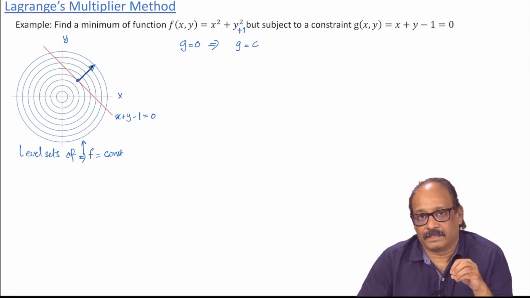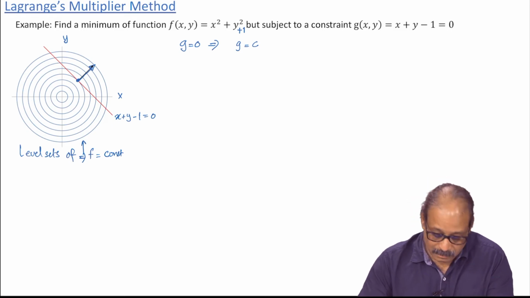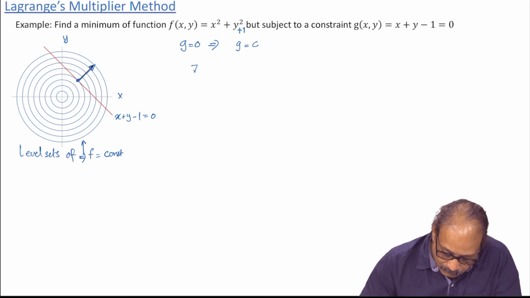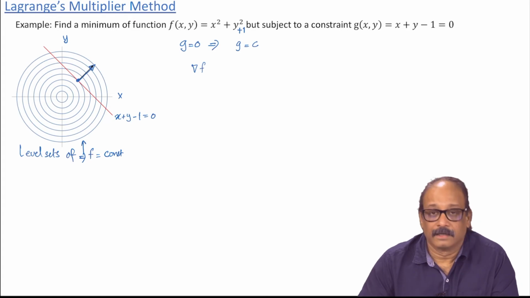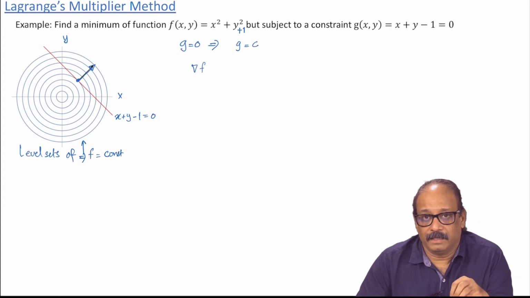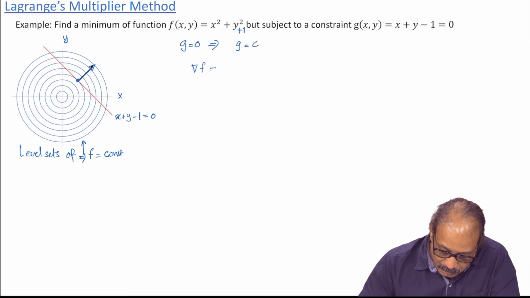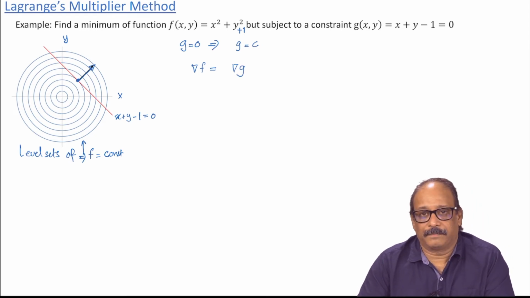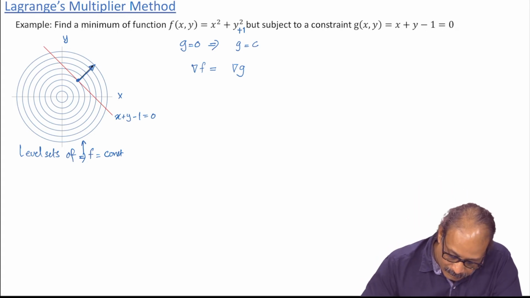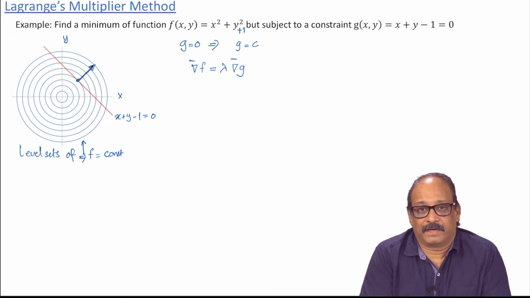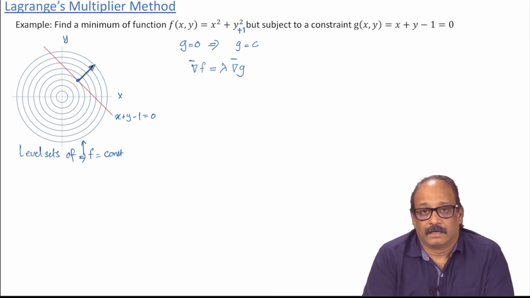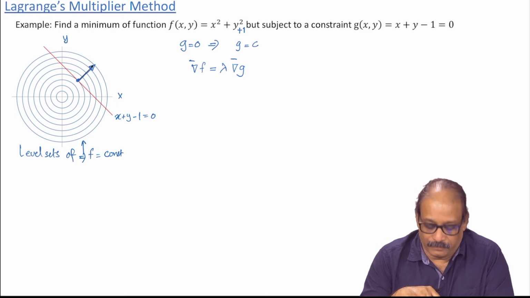We know that the normals can be obtained by using gradients. So, gradient of f must be parallel to gradient of G, and because they are parallel, of course their magnitudes may not match, but the directions must match. So, I will put one extra lambda there. Okay. This lambda we do not know to begin with.